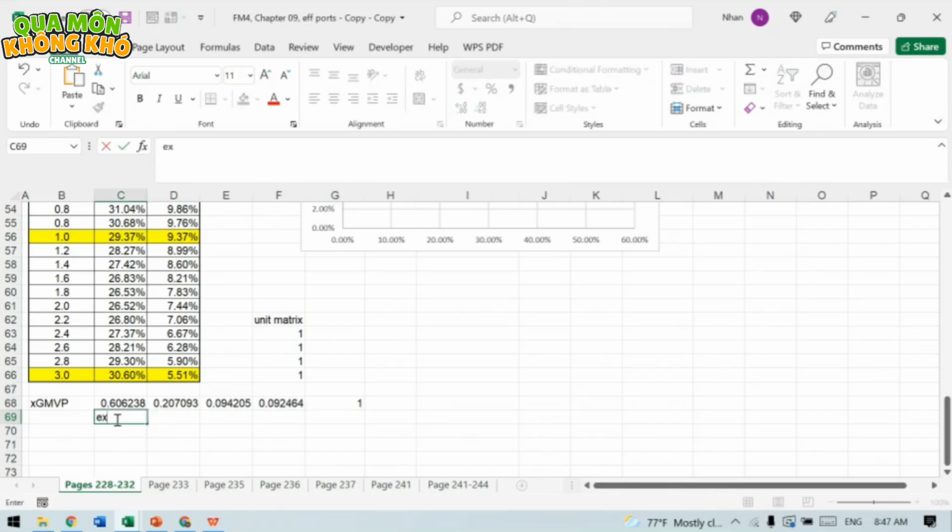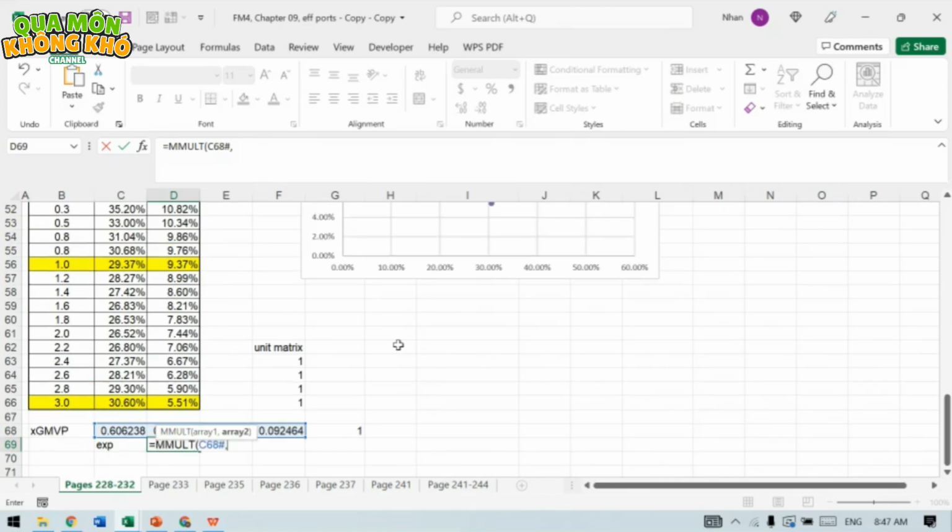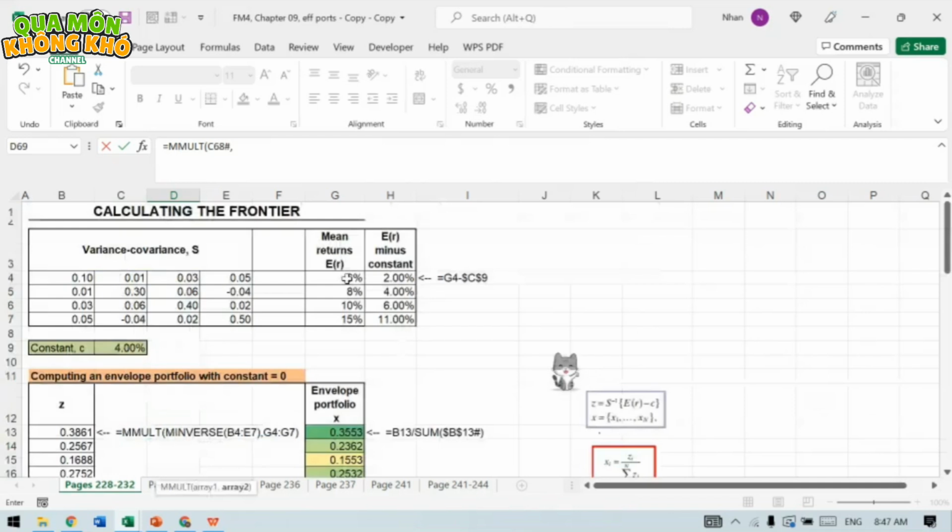The expected return, and then the mean here.